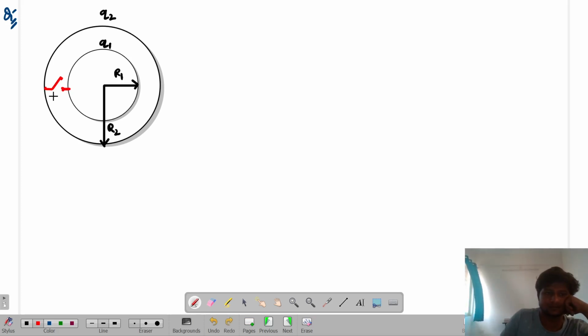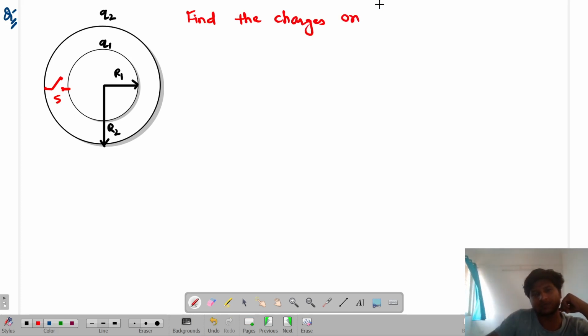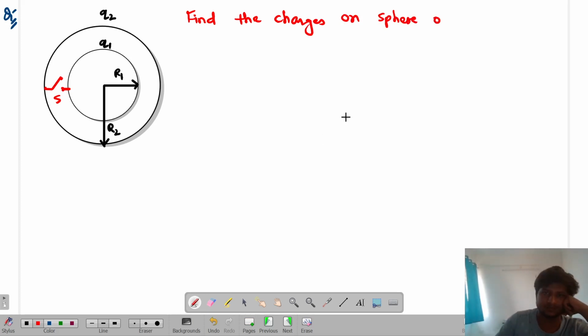Question is, find the charges on a sphere. In all cases, find the charges on a sphere when the switch is closed.